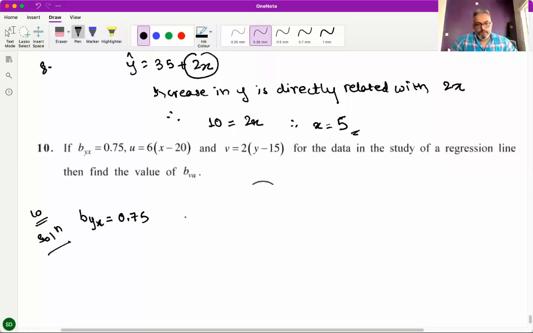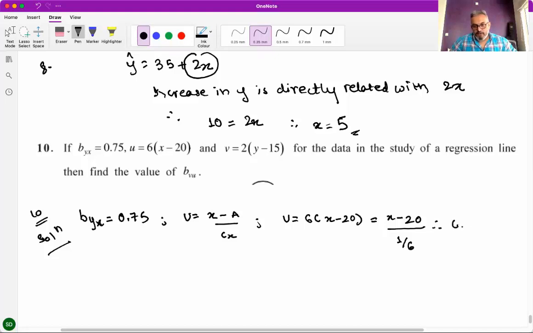Now u is equal to, normally it is x minus a upon c of x. Over here u is equal to 6 in the bracket x minus 20, which is equal to x minus 20 upon 1 by 6.